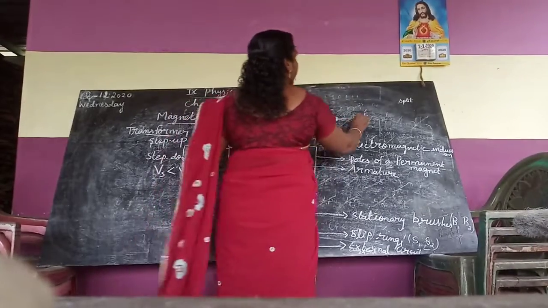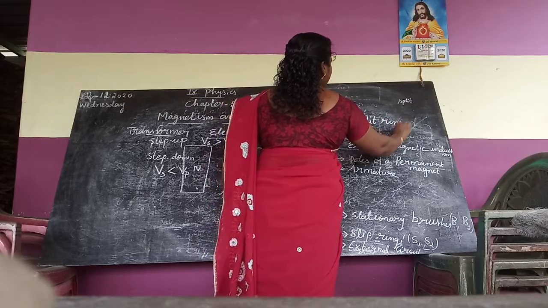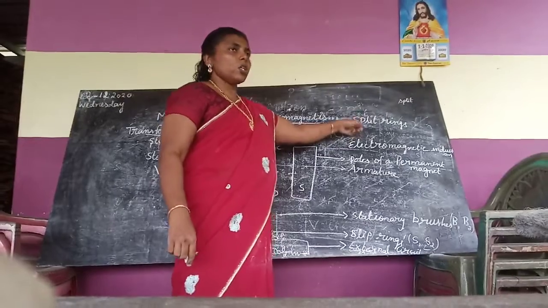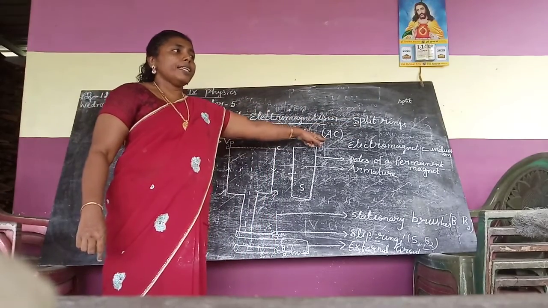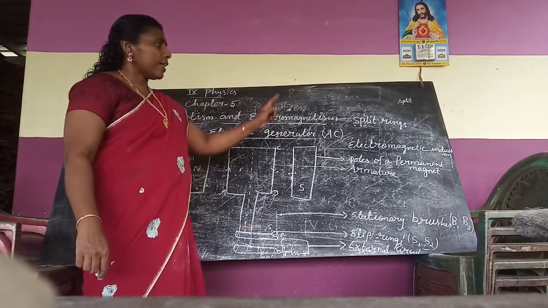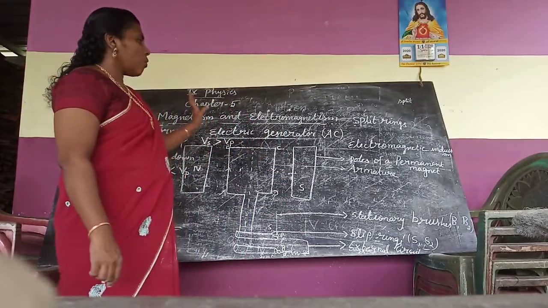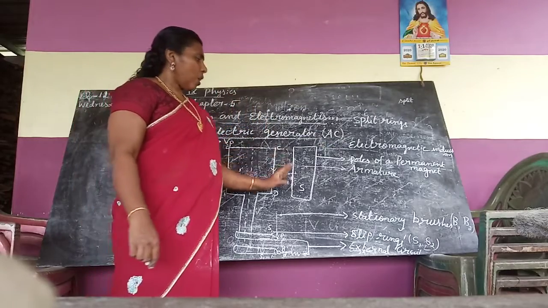Here it is the AC generator. If they ask for the DC generator, it is the same diagram, but you have to draw split rings. Mostly they will ask the AC generator. So learn all the answers well.